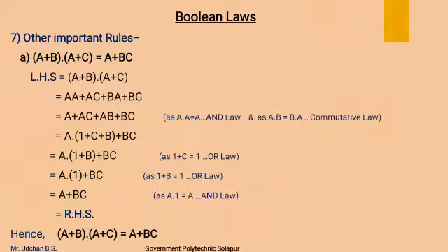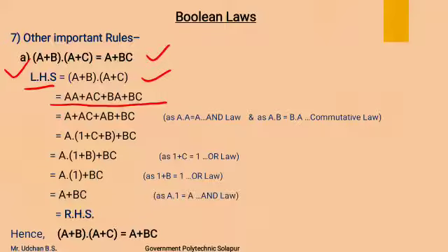Now the third important rule is A plus B into A plus C will give you A plus BC. The left hand side equation is written as it is, A plus B into A plus C. Now we will multiply these two brackets. After multiplying we will get A into A plus AC plus BA plus BC.